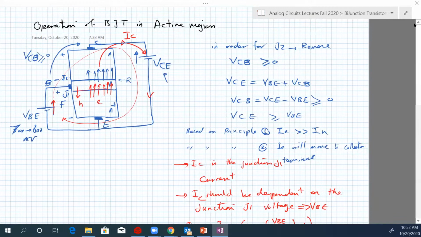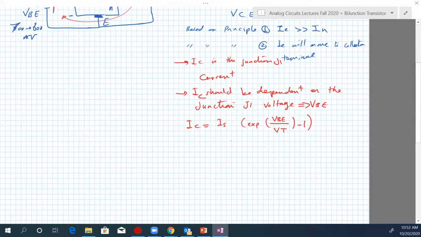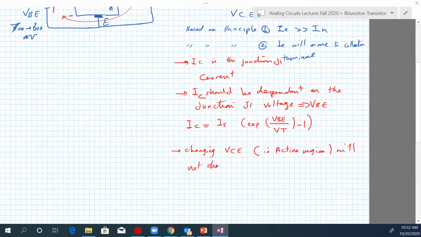Now the question: if we change VCE, remember you have two voltages, VBE and VCE, what's going to happen to IC? If we look at the relation here, there is no relation between IC and VCE. So changing VCE, but between brackets in the active region, will not change IC.